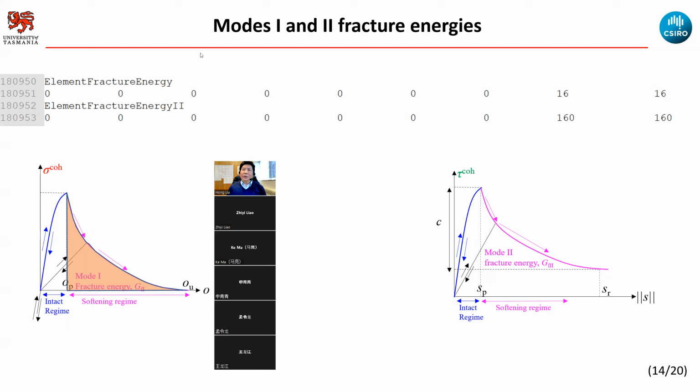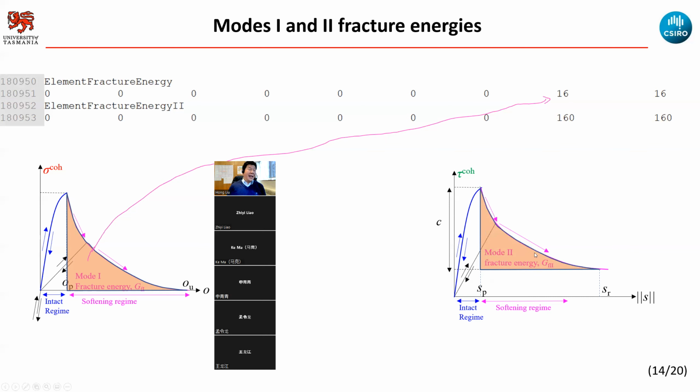We require you to input this value here, the integration of the loss of energy. So that's the value here for mode 2. Okay, for mode 2, the energy release is this part.